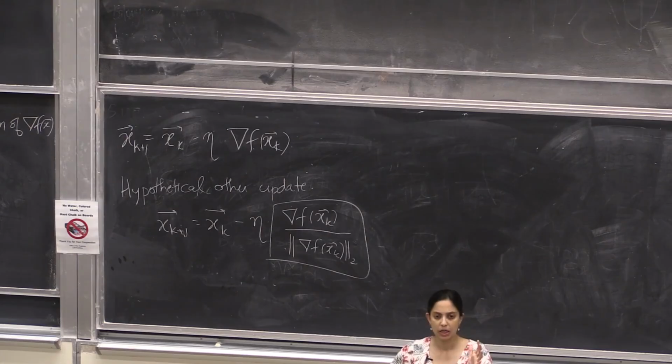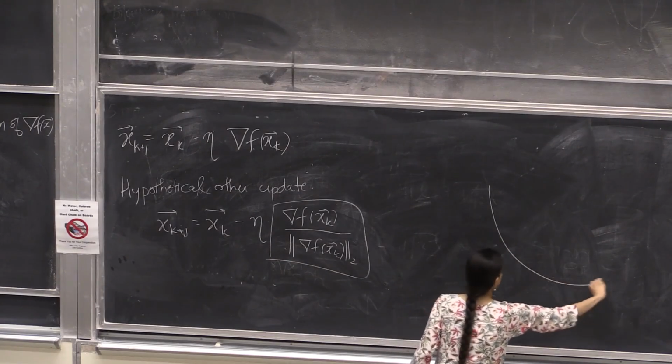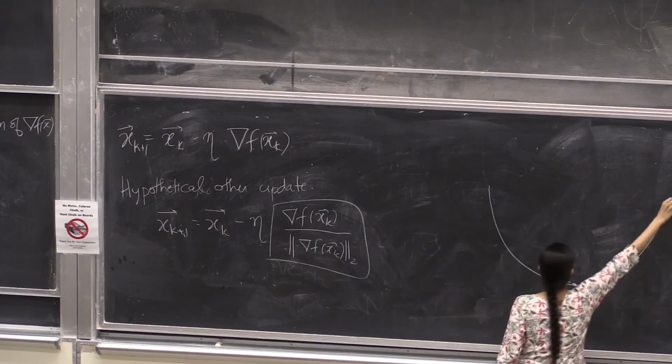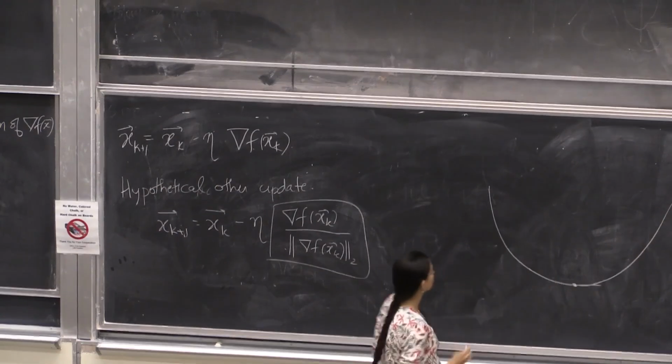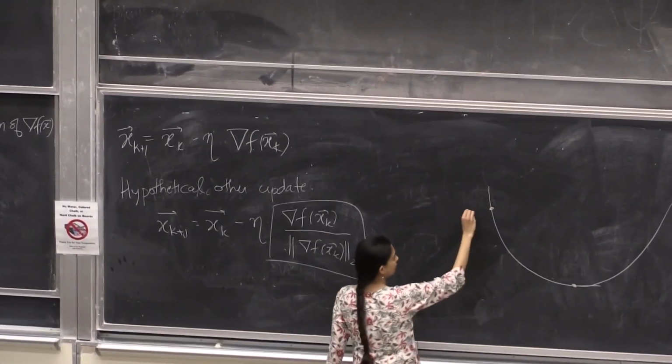And so let's say my eta was set to be 5 or something like that, and I'm coming very, very close to my optimum. Let's say I have some loss function, and this is my minimum here. I'm starting out here, this is my x naught.